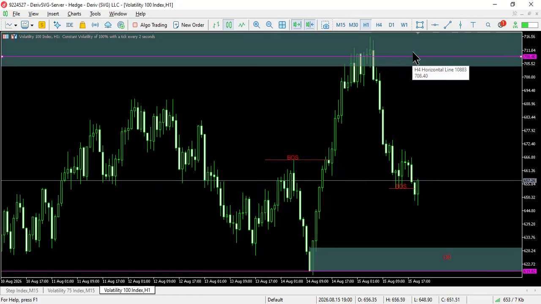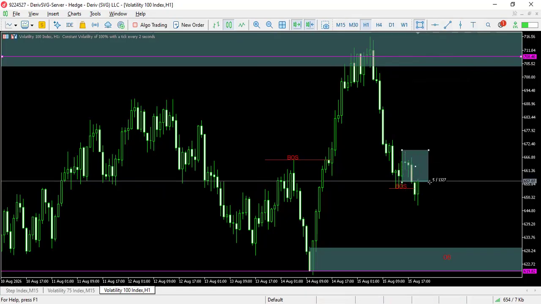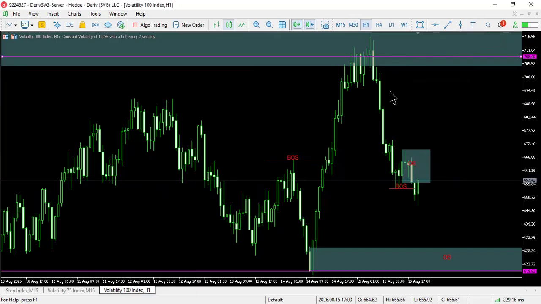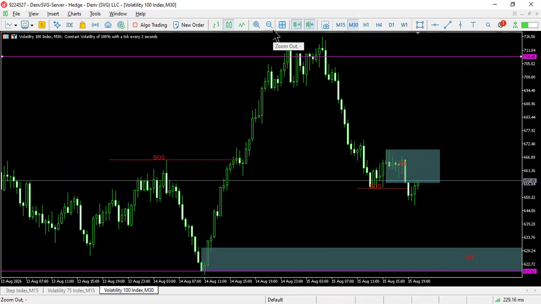We have a break of structure, and then the order block which caused the break of structure, it is that order block where price is currently reacting. Moving over to the M30.